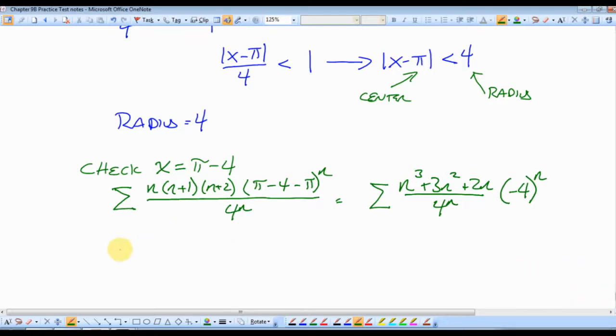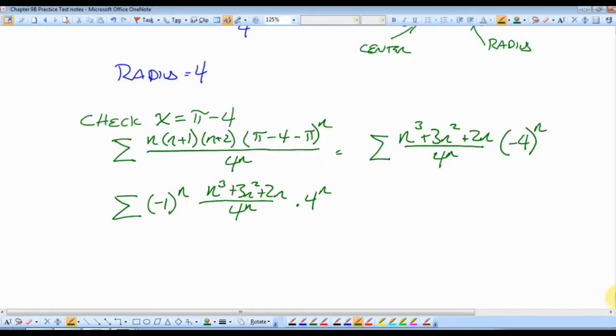All right, let's keep going here. We have negative 1 to the n. N cubed plus 3n squared plus 2n over 4 to the n times 4 to the n. Great.